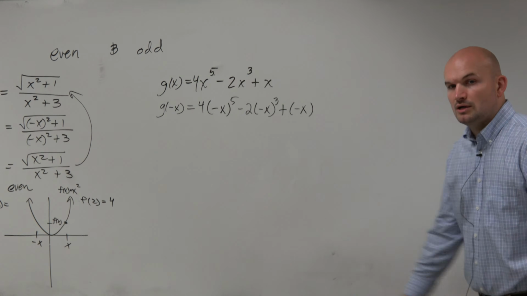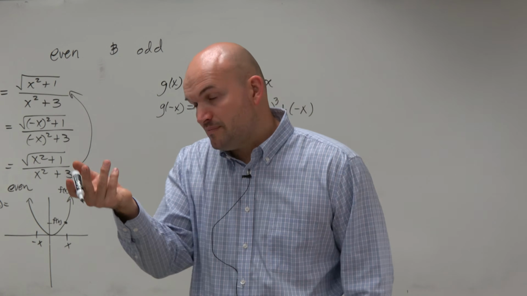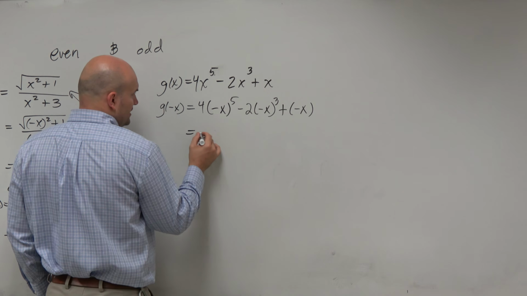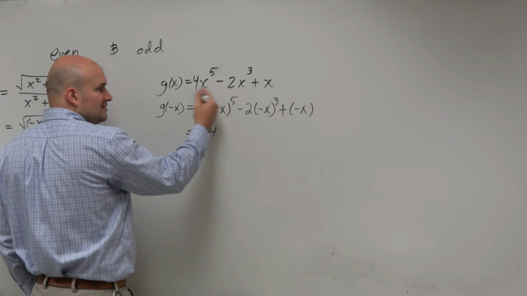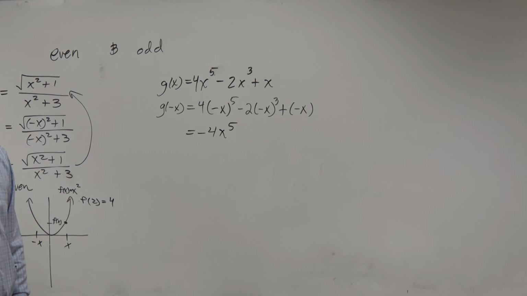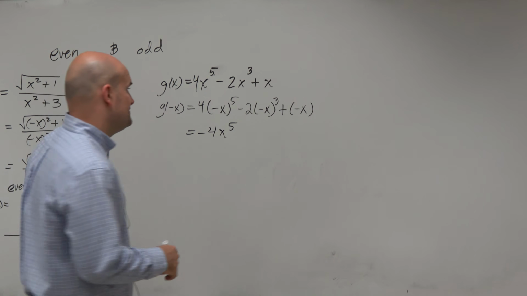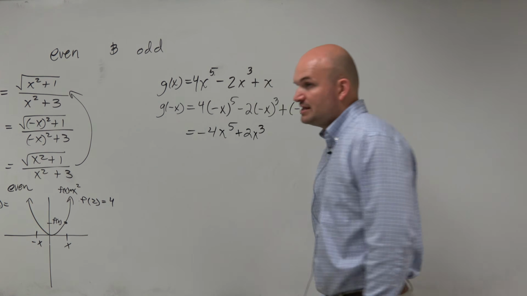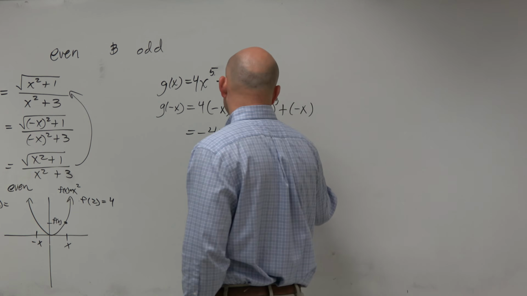OK? Well, any negative expression raised to an even power is positive. Any negative expression raised to an odd power is now going to be negative. So that's negative x to the 5th times 4, so it's negative 4x to the 5th. Negative x cubed times a negative 2 is now a positive 2x cubed. And then plus a negative x is just negative x.